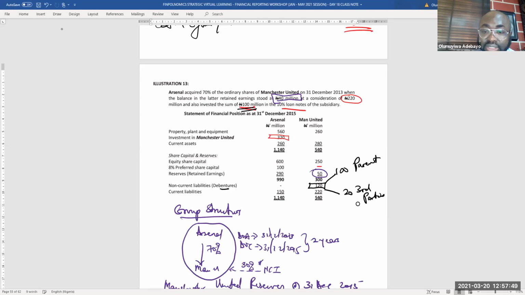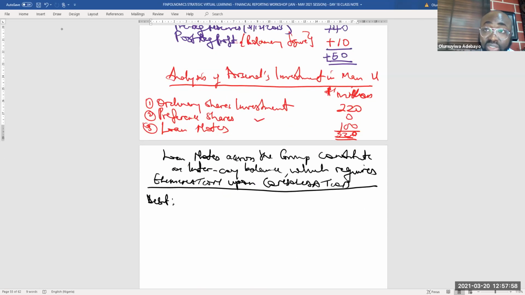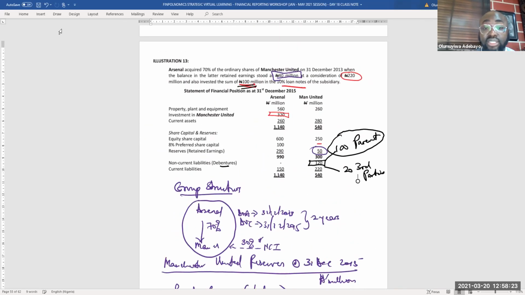In that case, what constitutes intercompany is the 100, so we eliminate that liability account, the debenture, to the extent of 100 million. And we eliminate the loan investment by Arsenal, all in the sum of how much? 100 million. That's how we eliminate. So of this 320, 100 has gone out of it, remaining 220, which is this.